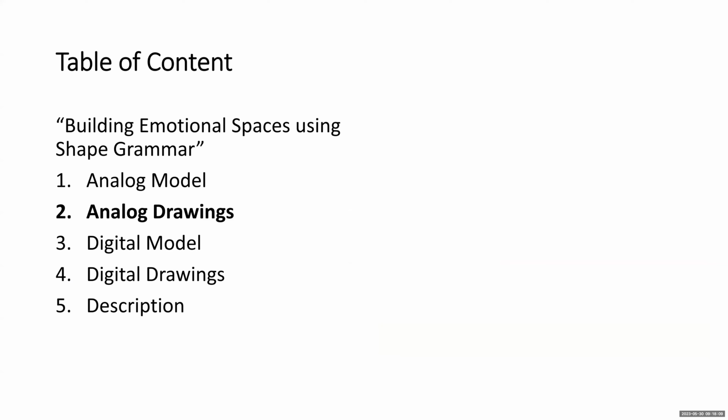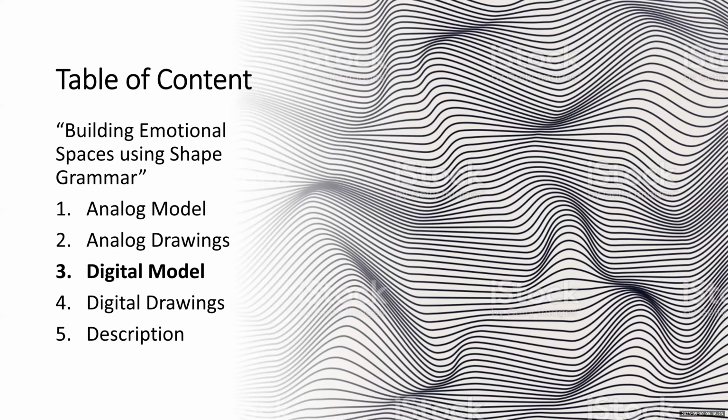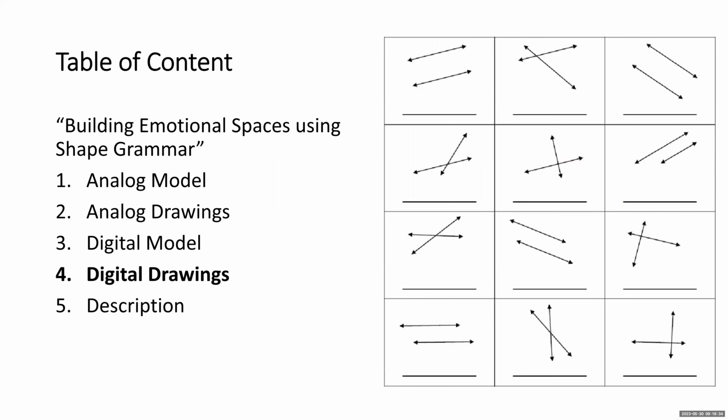And the analog drawings, which we used white pencil on a black sheet of paper. This is the digital model, which was done on SketchUp. And these are the digital drawings.